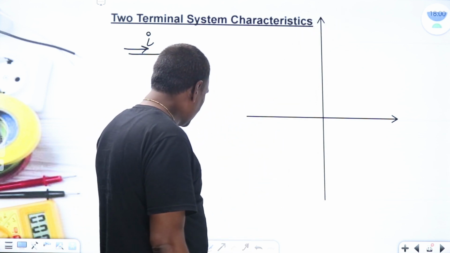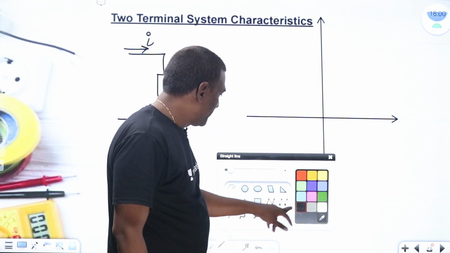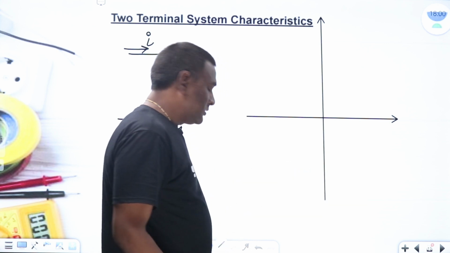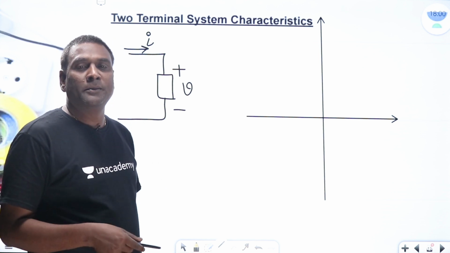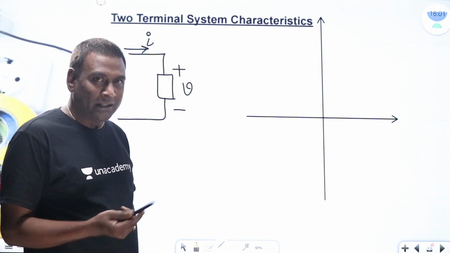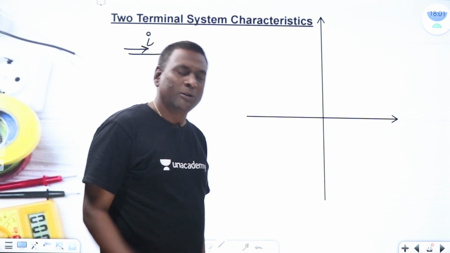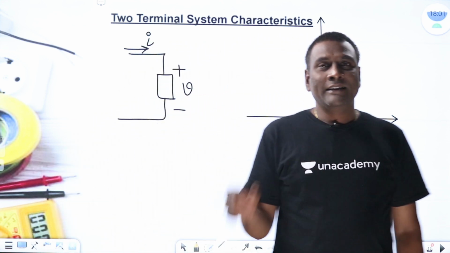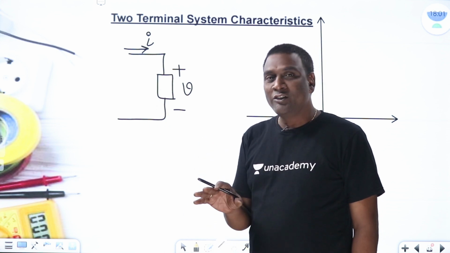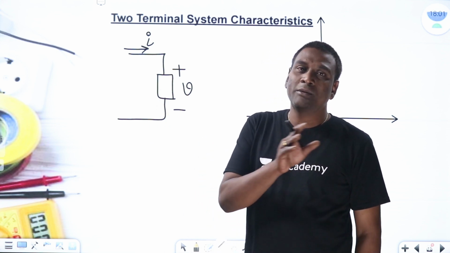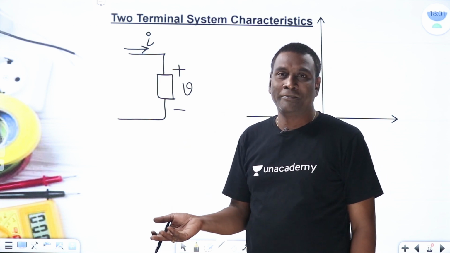In this session only, you are going to come to know how BJT, FET and others can be called active. Because what is meant by active? As per the network standard, an active element should be able to convert from non-electrical to electrical.